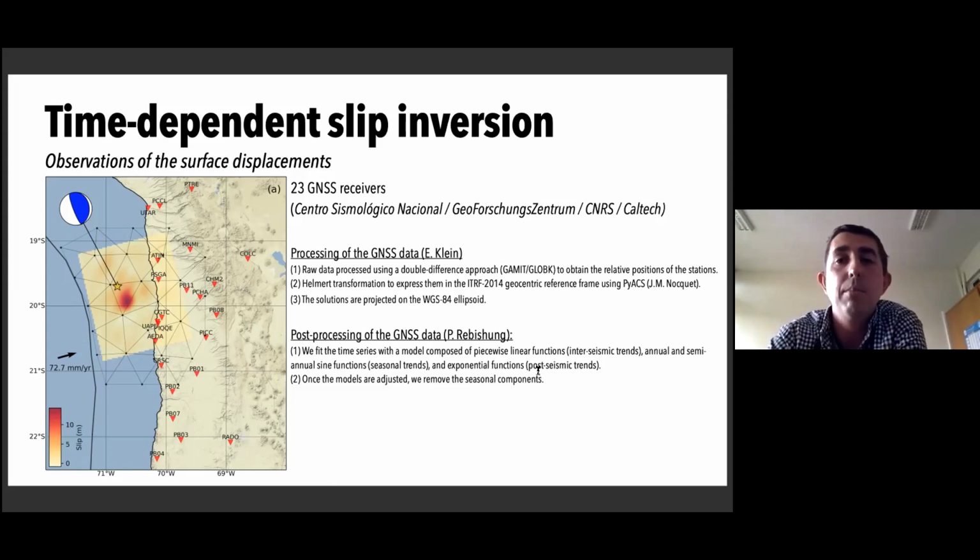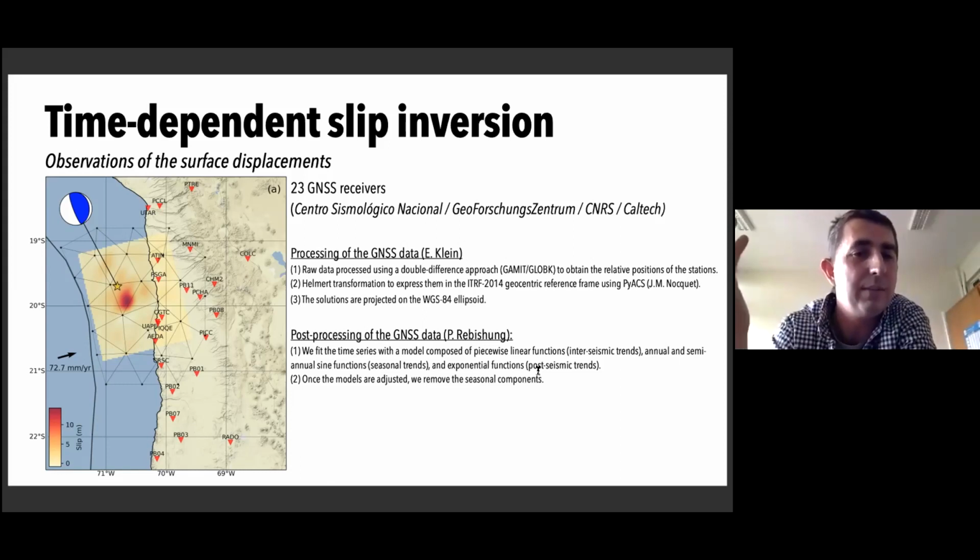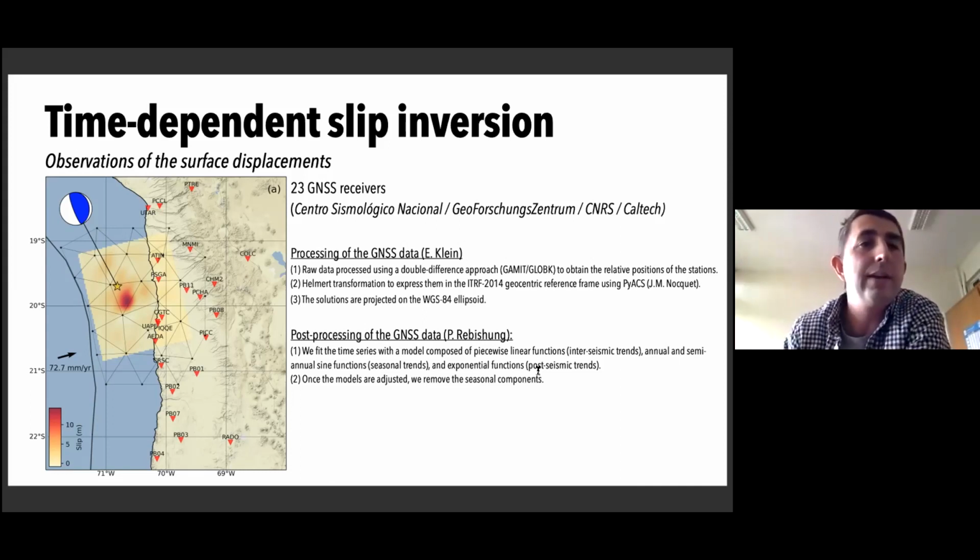So that way we obtain the time series that we are going to use in our study. But as you probably know, what the time series record at the surface doesn't care whether the slip on the fault is seismic or aseismic. So we had to find a way to separate the two components so that we can get an idea of what the partitioning is during this earthquake.